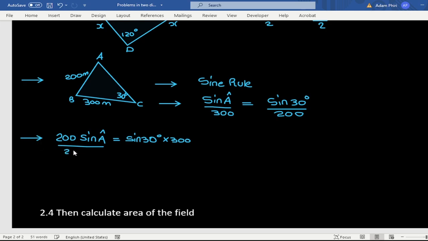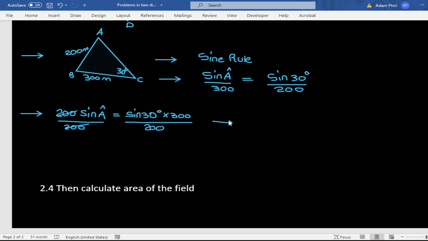Dividing both sides by 200, the 200 cancels out, so angle A is equal to the inverse sine of sine 30 degrees multiplied by 300 meters, all over 200.